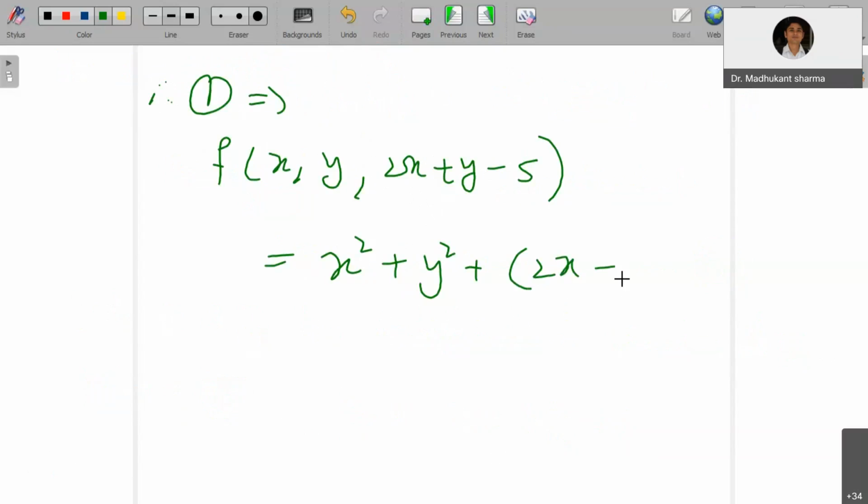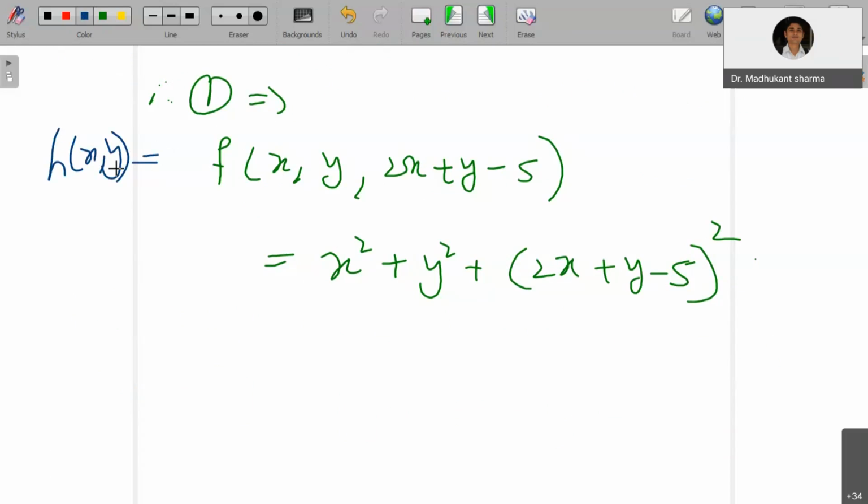So that is x squared plus y squared plus (2x plus y minus 5) whole squared. Now it involves a function of two variables, which we denote by h of x comma y.